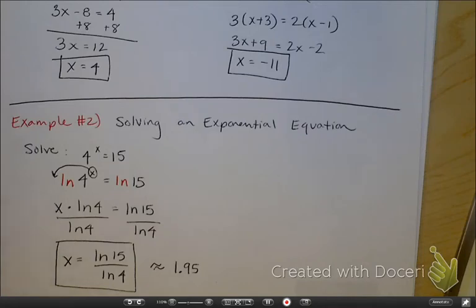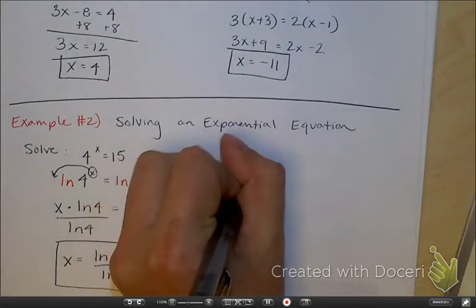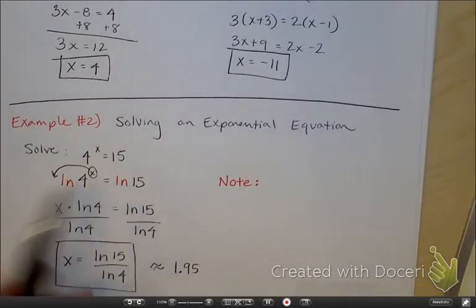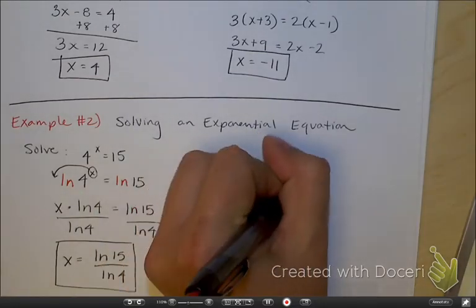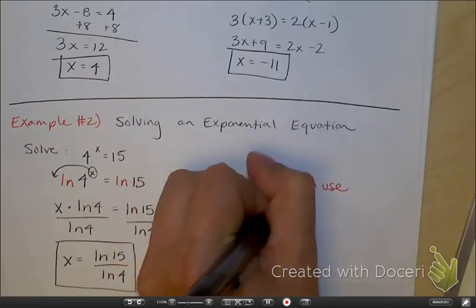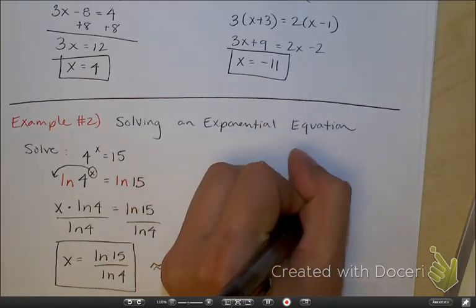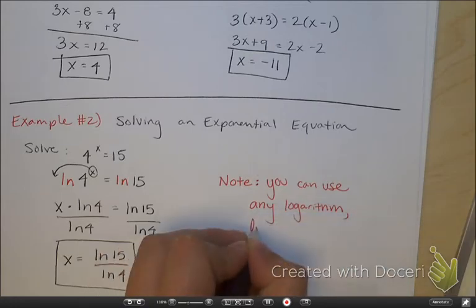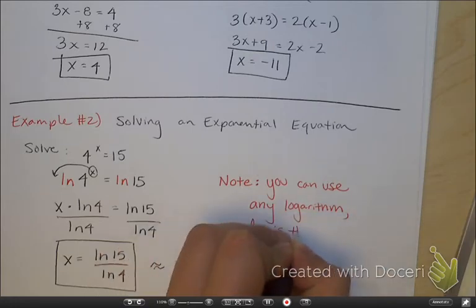Just as a side note, maybe we'll write ourselves a little note over here. You can use any logarithm that you want. But the most common one we use is the natural log. So ln is the most common.